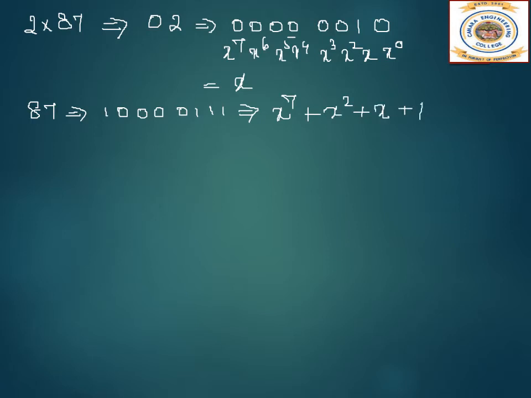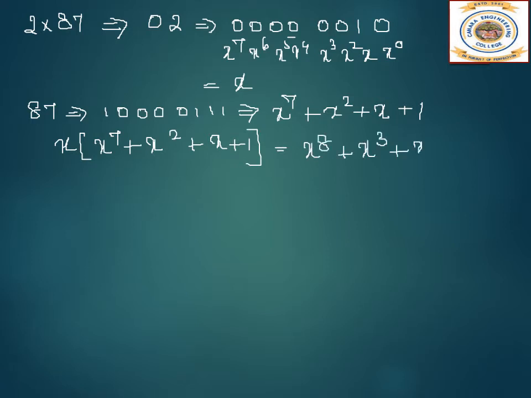This is the way we represent 87. Now let us multiply x into x to the power 7 plus x square plus x plus 1. So we get x to the power 8 plus x cube plus x square plus x.